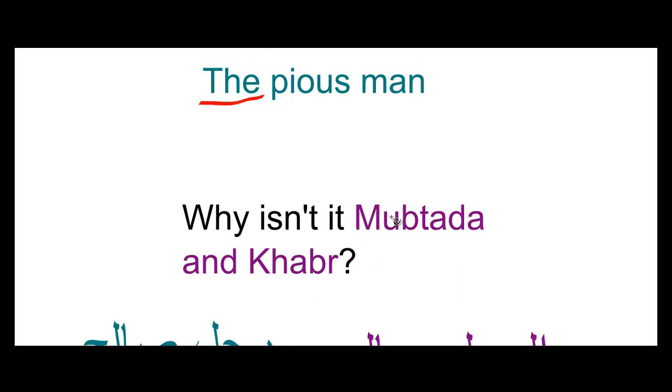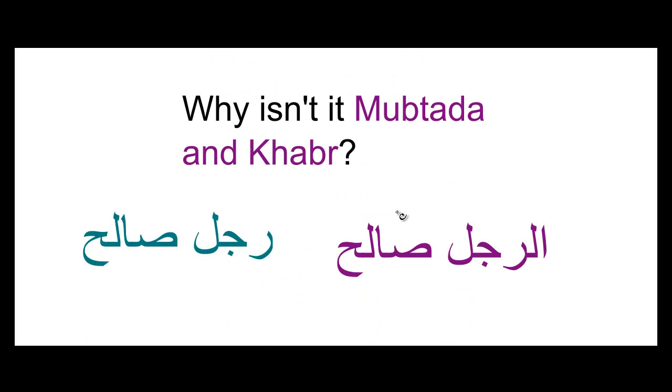And so those are the four things they must agree in. Now, some of you may say, well, there is a very close similarity between mubtada and khabar and mawsuf and sifah. Well, mubtada and khabar is actually different. Why? Well, for example, we have ar-rajulu salihun. Now, you'll notice that this first word is definite, and the second word is indefinite.